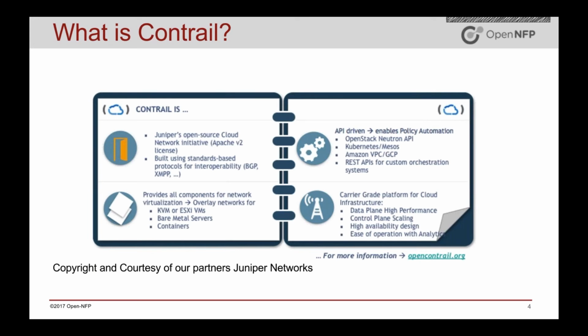It is API rich, that allows for automation and testing, and it is a carrier-grade platform for cloud infrastructure. It is commercially deployed at many telcos and data center operators across the world. So we're not talking about a project. This is a significant open source initiative.